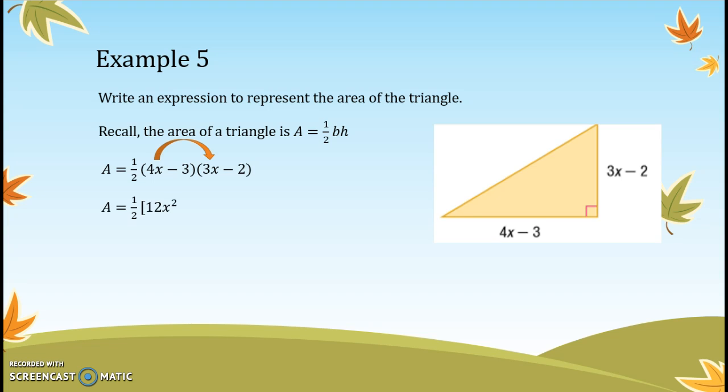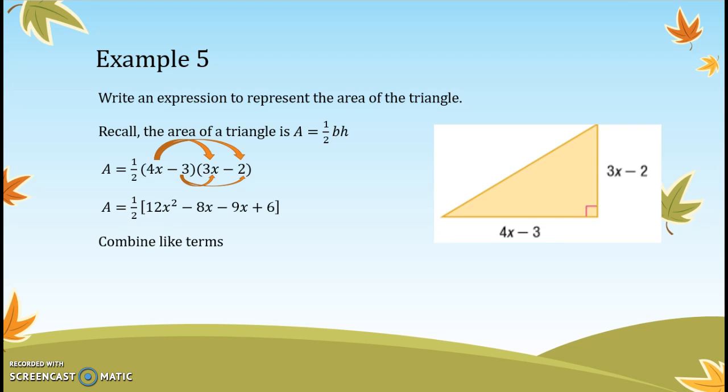I'll have area is half times 4x times 3x is 12x squared. 4x times negative 2 is negative 8x. Negative 3 times 3x is negative 9x. And negative 3 times negative 2 is positive 6.